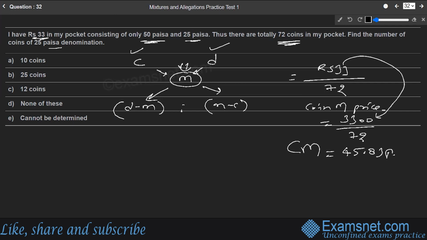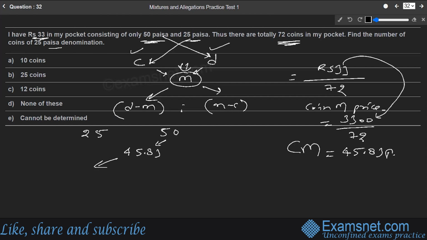Whereas we have got a mixing. What mixing have we got? We have got the cheaper price, that is 25 paisa, and 50 paisa is the dearer one. So we can mix them by the alligation method. Cheaper price is 25, dearer price is 50, and the resultant mixture should have a price of 45.83. That is the mean price. In what ratio should they be mixed up?